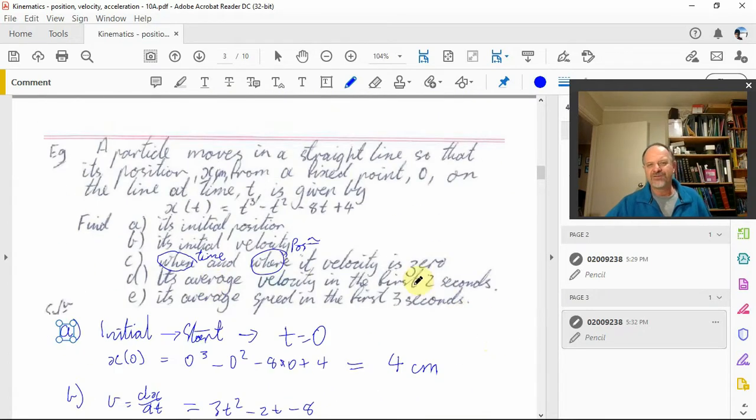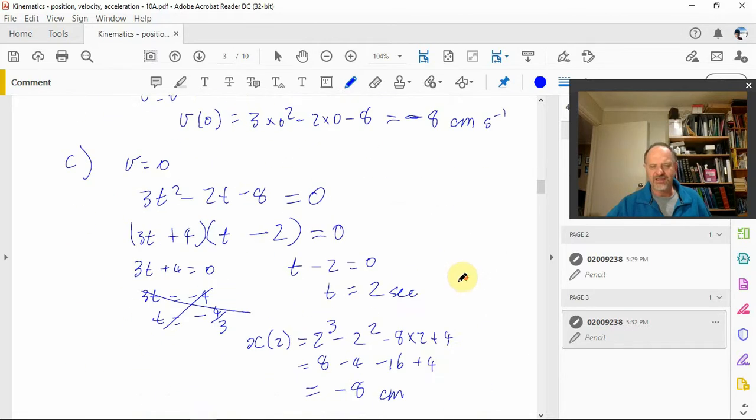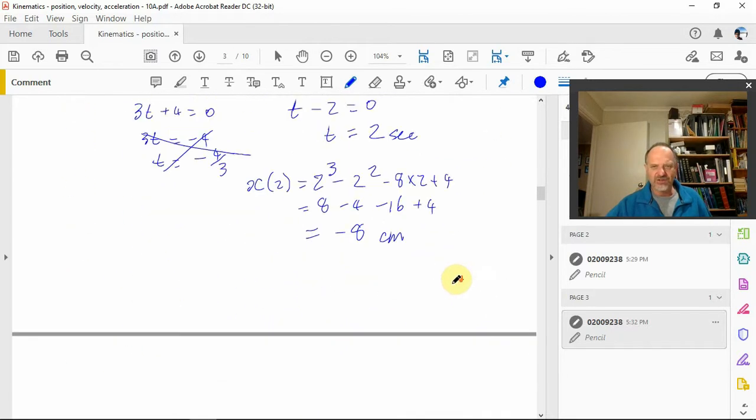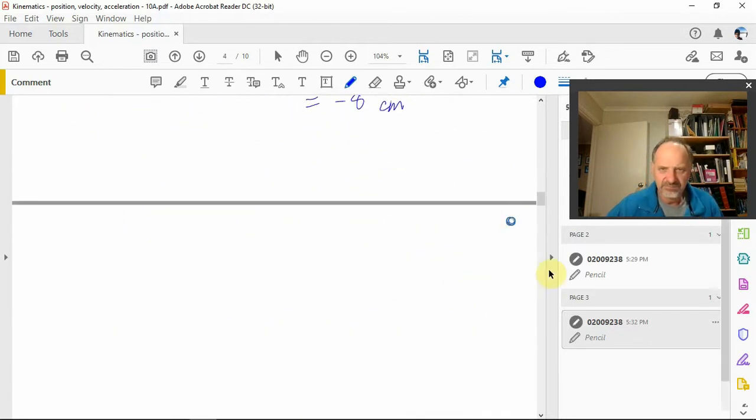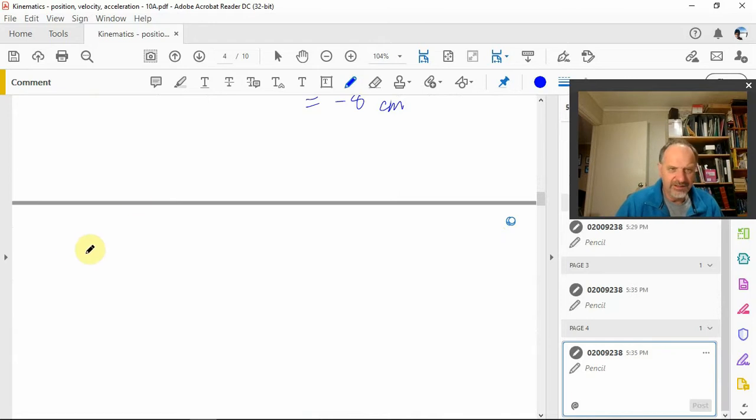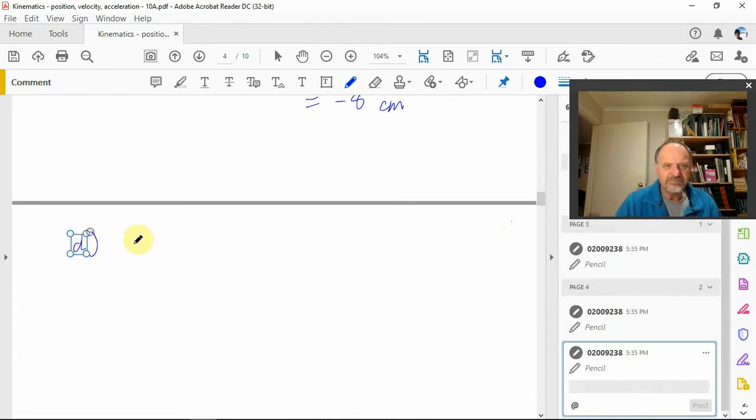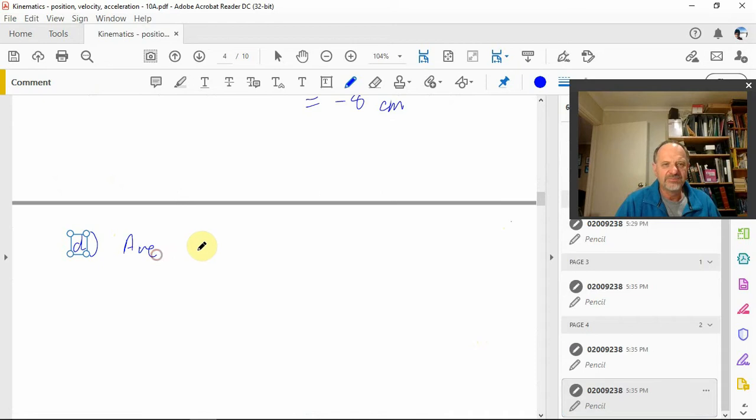Right, average velocity in the first 2 seconds. So D, the average velocity, the word average, not its actual velocity at a point in time, but its average over that would be our displacement over the time.